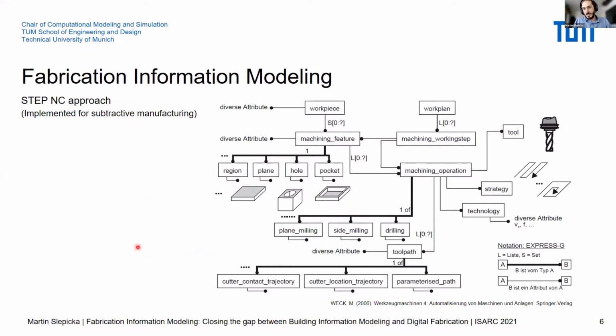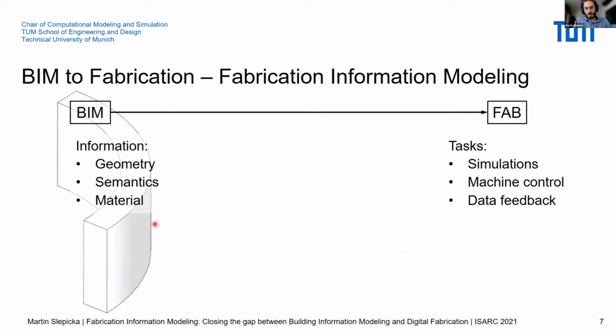So let us look under the hood of the term fabrication information modeling. What is it exactly, the term I want to present to you right here? Well, BIM, as I described earlier, is a holistic system that already takes care of design and some engineering tasks and also logistical tasks. And you can model a lot of information with that methodology.